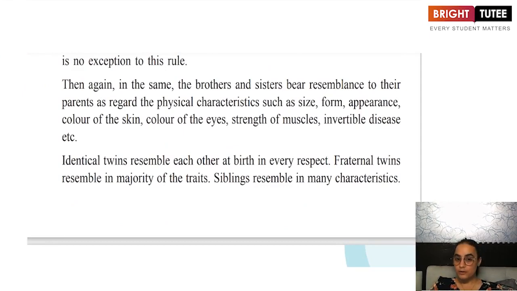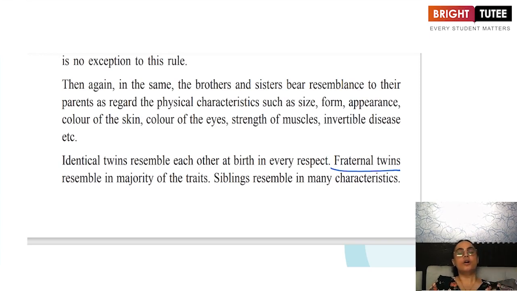You have heard about it. Identical twins, they resemble each other at birth. They are exactly the same in every aspect. Then we have the concept of fraternal. Fraternal twins, they do not look like each other. They do not resemble each other.